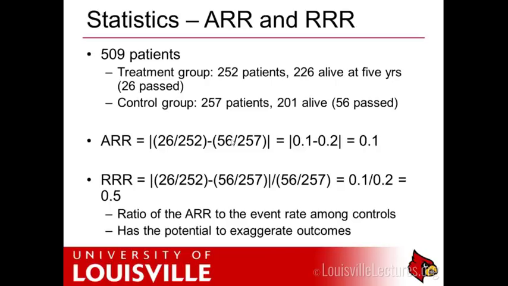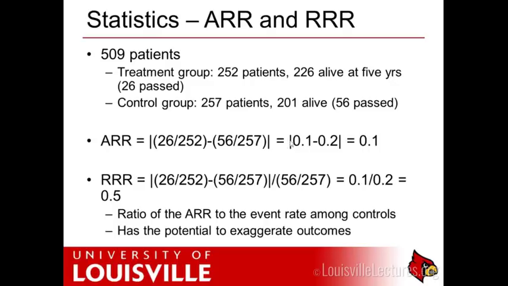It divides fairly simply, and so you get 0.1 in the treatment group and 0.2 in the control group. The absolute risk reduction is where you subtract the event rate from the control rate, and it's the absolute value. So it's 0.2 minus 0.1, which is 0.1. So it's a 10% reduction.